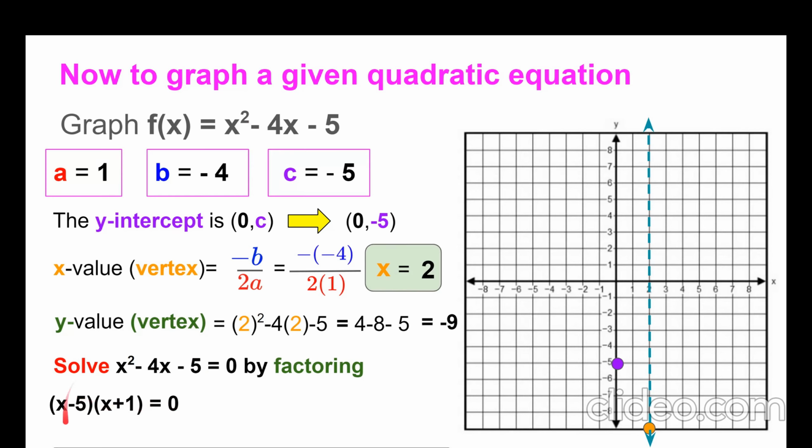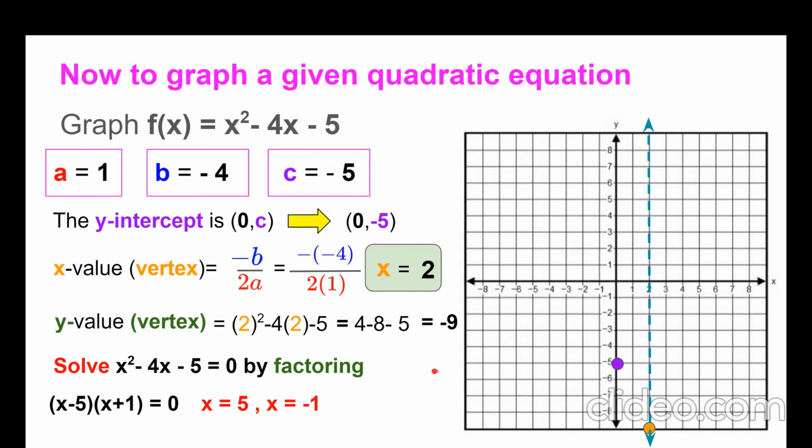Well, all you've got to do is flip the sign. So if I plug in x as 5, 5 minus 5 gives you 0. So x equals 5, that's one of the answers. The same way here, negative 1 will be an answer because negative 1 plus 1 makes this one 0. So my x-intercepts are 5 right here and negative 1.